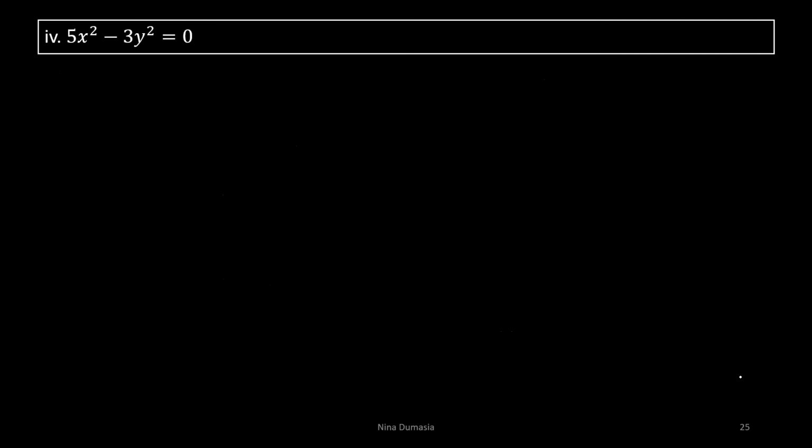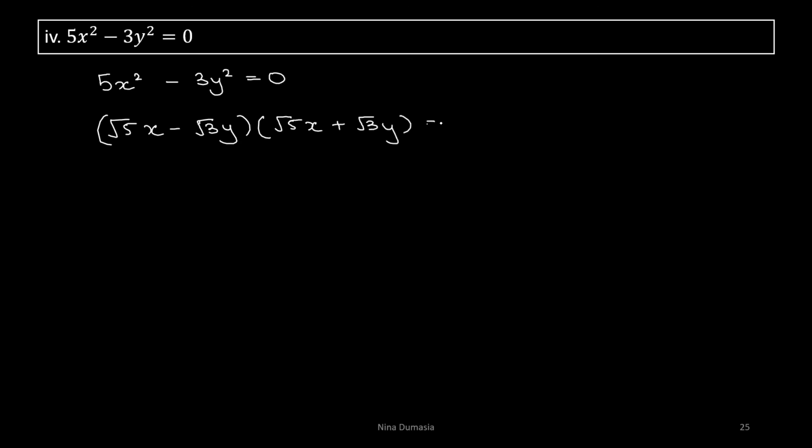We have 5x square minus 3y square is equal to 0. We can do this by a square minus b square. So we just have to write this as root 5 the whole square and this as root 3 the whole square. So this becomes root 5x minus root 3y into root 5x plus root 3y is equal to 0.